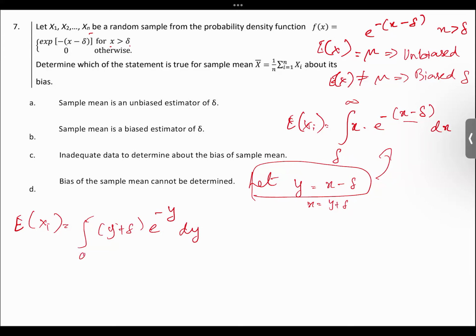Now this becomes 0 to infinity. We can split this integral into two: 0 to infinity of y e power minus y dy, plus the delta term. Delta is a constant, so delta times the integral from 0 to infinity of e power minus y dy.